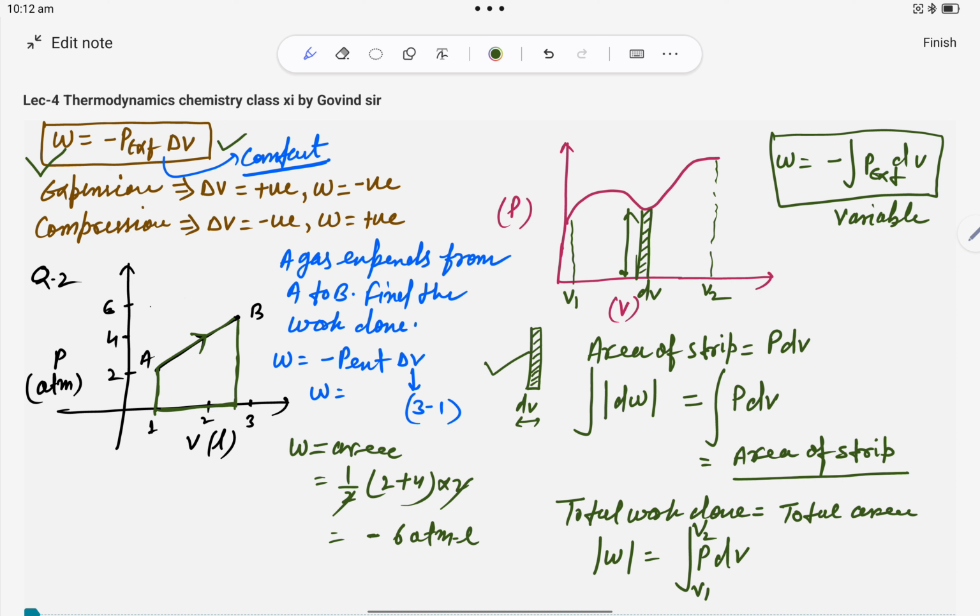Check it out properly. If variable pressure is there, like that you can find out.